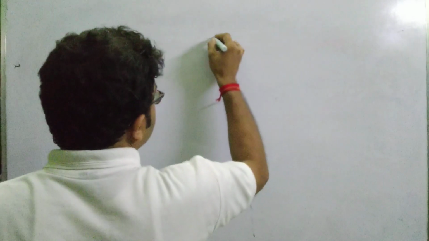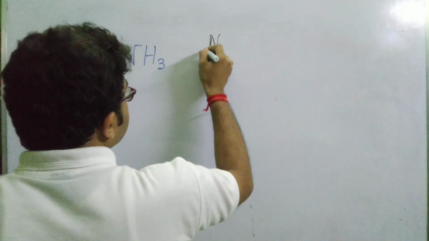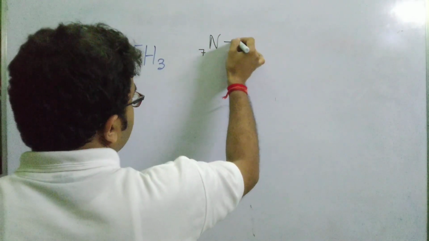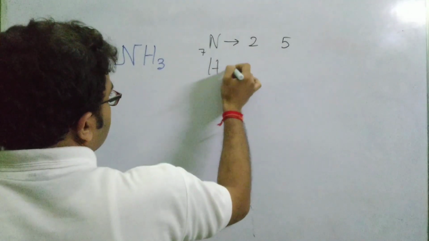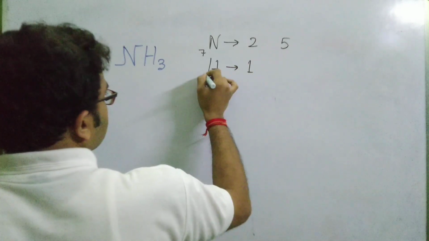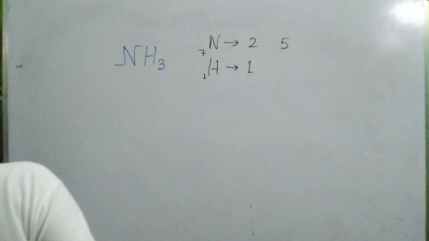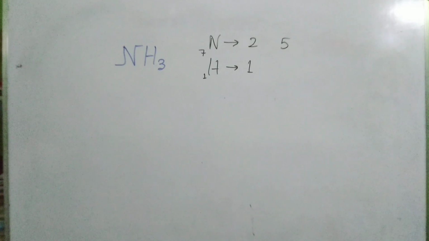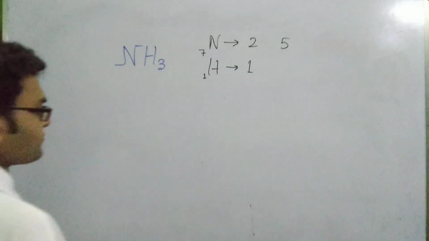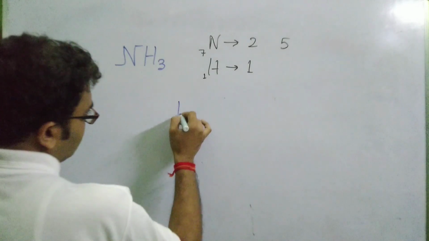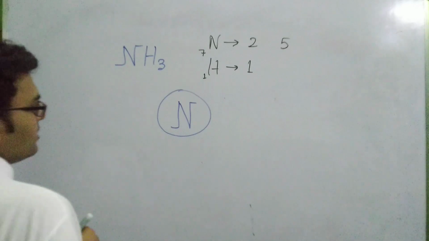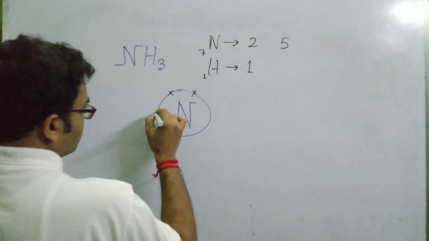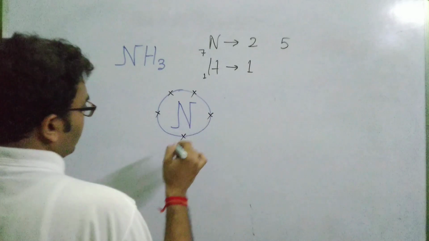Now see, the nitrogen atom has an atomic number of 7, so it has a configuration of 2 and then 5, whereas hydrogen has only 1 electron. So this is the configuration of the hydrogen and nitrogen atoms. The nitrogen atom has 5 electrons in the outermost shell, 1, 2, 3, 4, and then 5.